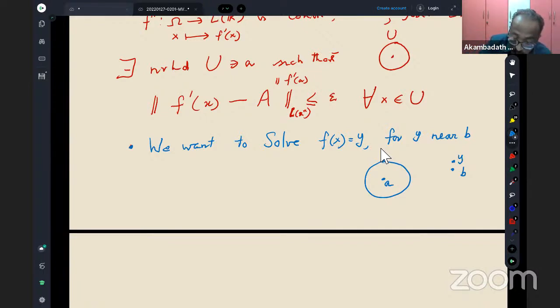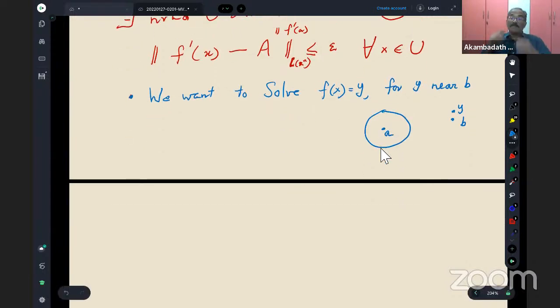This problem, as I said, can be converted into a fixed point theorem problem. There may be different ways of doing fixed point theorem. A certain way of transforming may lead to a contraction, not every way leads to it.